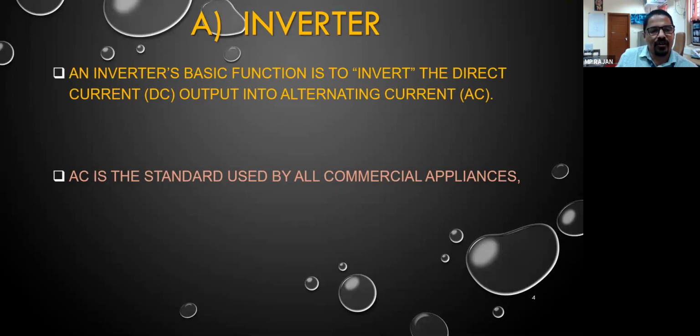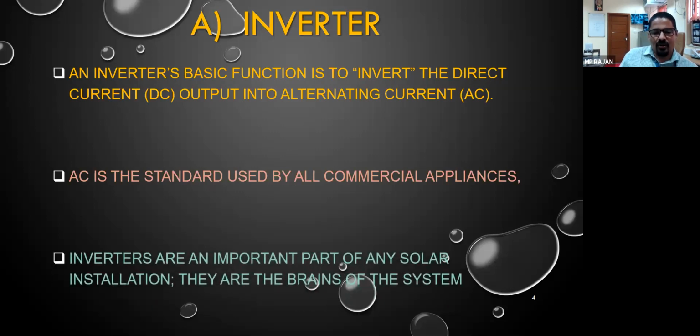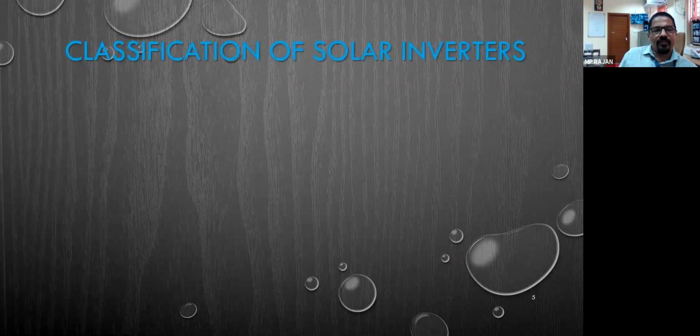So we have to convert DC into AC. For this we use an inverter. Okay, so in that view, an inverter plays a very important role, and we can say it's the brain of the system.